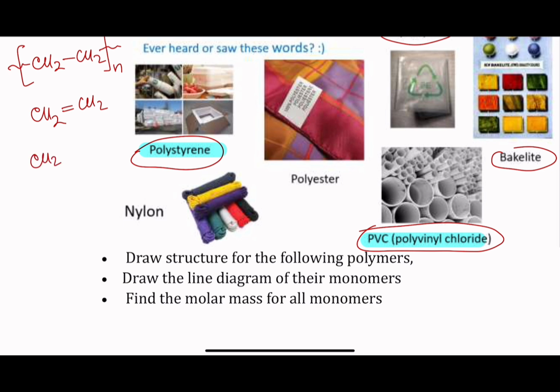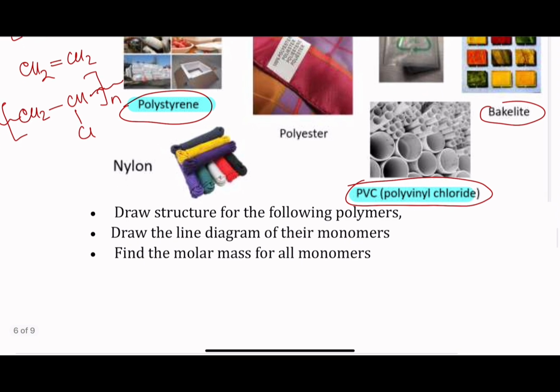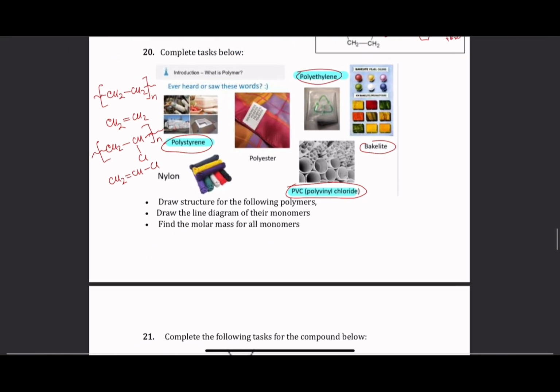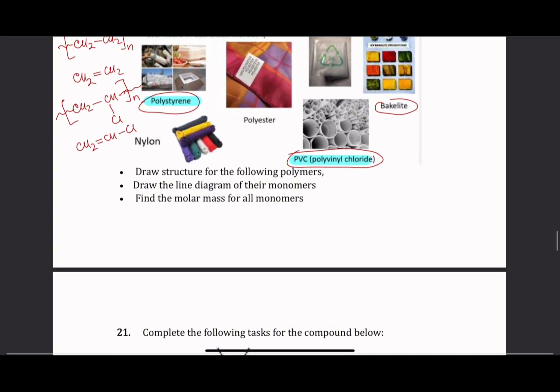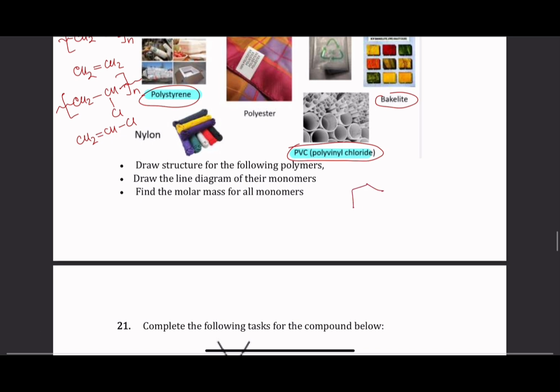I already did the exercise about this. So this is the one we had, and it's made from CH2=CH chloroethene. And then polystyrene. Now polystyrene is the one that looks like this.